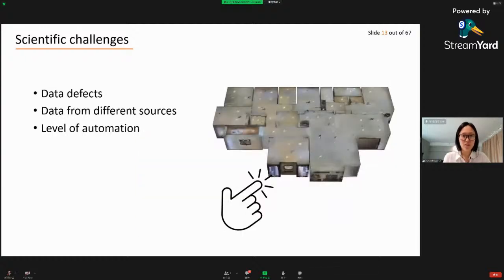The level of automation is another challenge. While interactive techniques are known for achieving high accuracy, practical applications at a large scale require a high level of automation. We need to consider a good balance between the amount of user intervention required and the degree to which the level of accuracy can be relaxed.